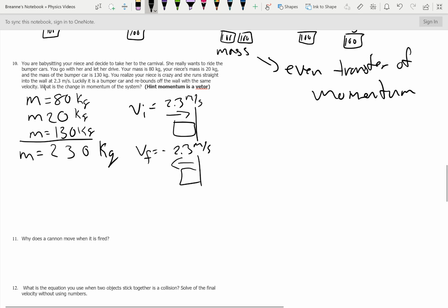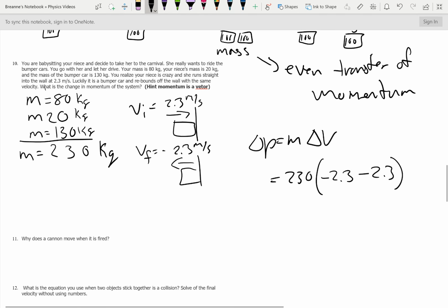I want to know your change in momentum. So your change in momentum is your mass times change in velocity. Your mass is 230. Your change in velocity would be your final, which is negative 2.3, minus your positive 2.3. You can put that into your calculator, and you're going to end up getting negative 4.6.